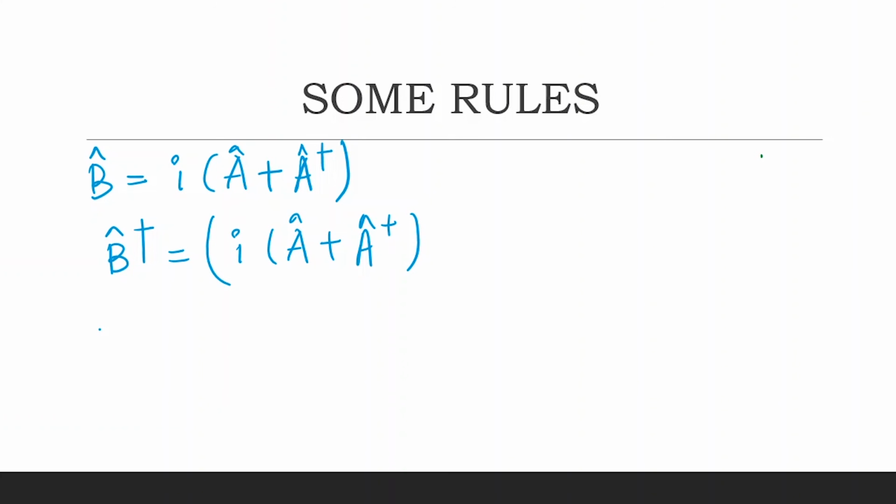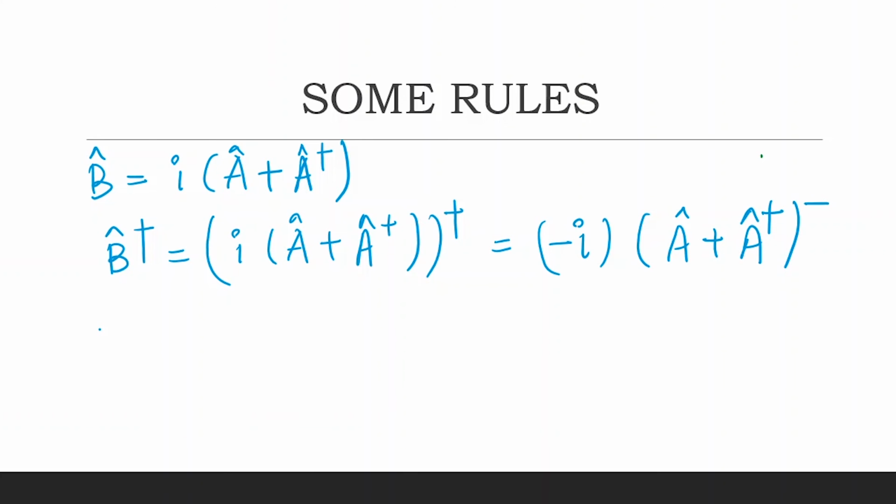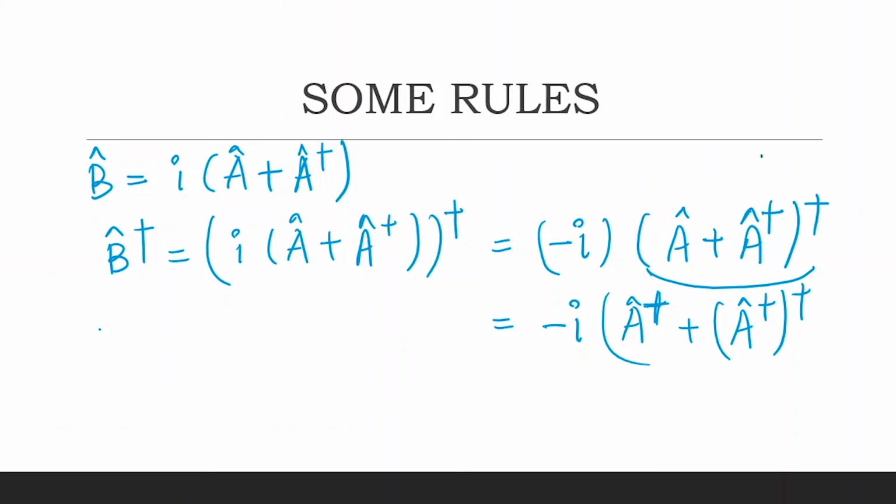Now here we have iota also, so we have to take the complex conjugate. The complex conjugate of iota is minus iota, and then we have to take the adjoint of this whole thing. So minus iota, and this comes out to be A cap adjoint plus A cap adjoint adjoint.